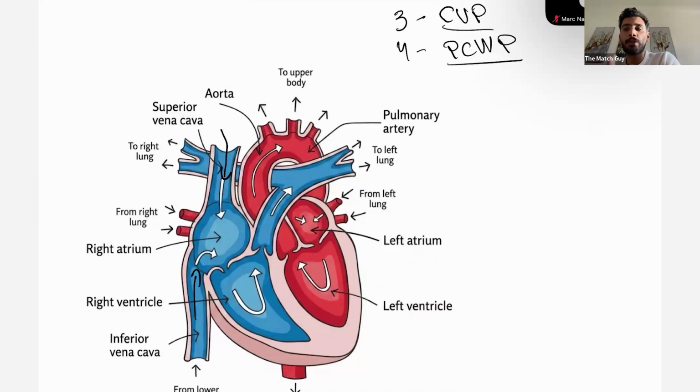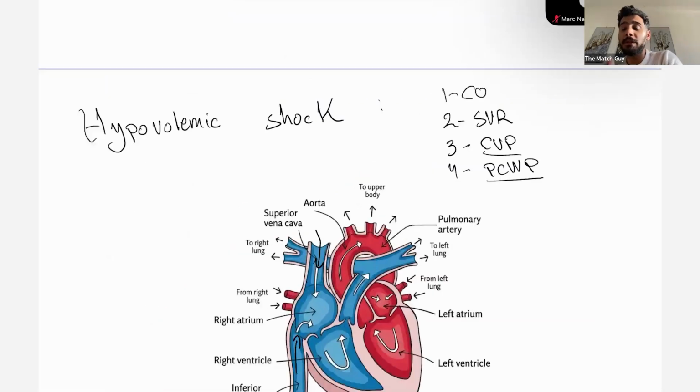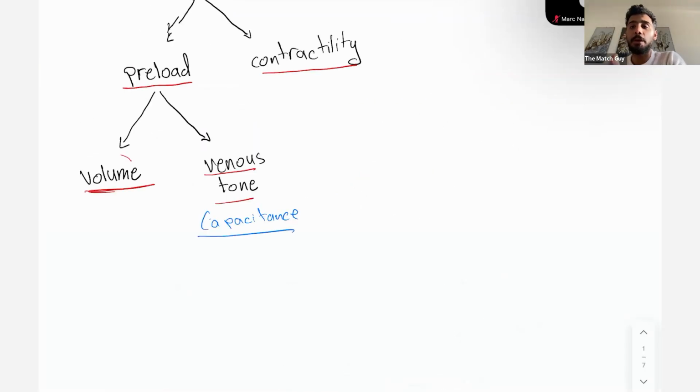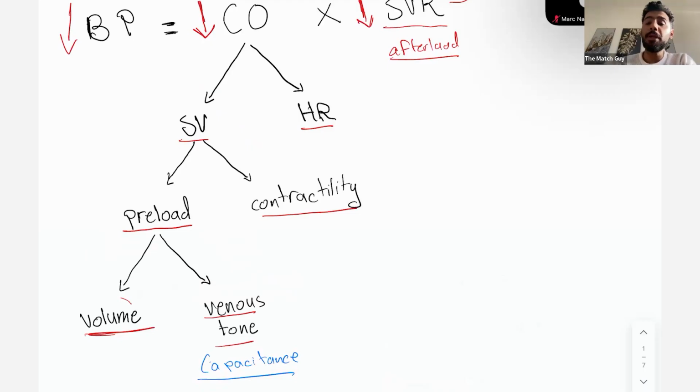That's why it's called the central venous pressure. For all practical means, it is a measure of how much blood is coming back to the right heart through the veins. So the central venous pressure can be looked at as the preload coming back to the heart.